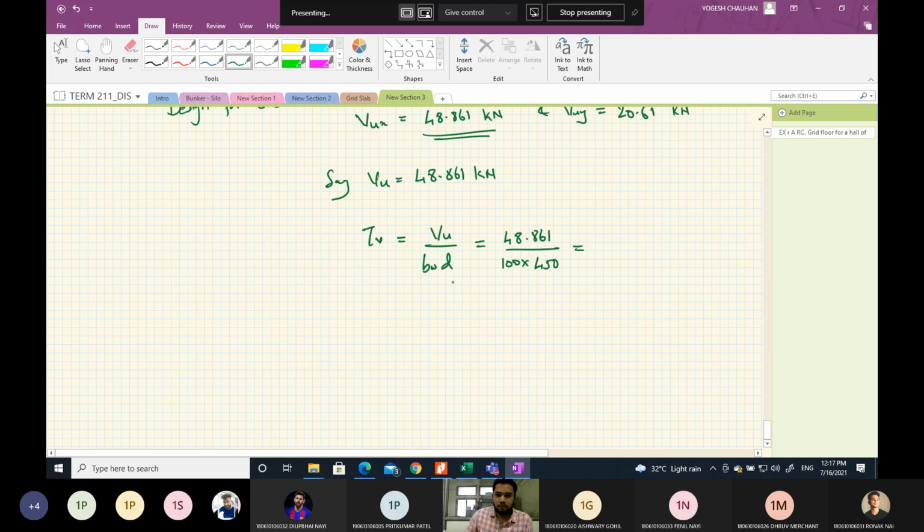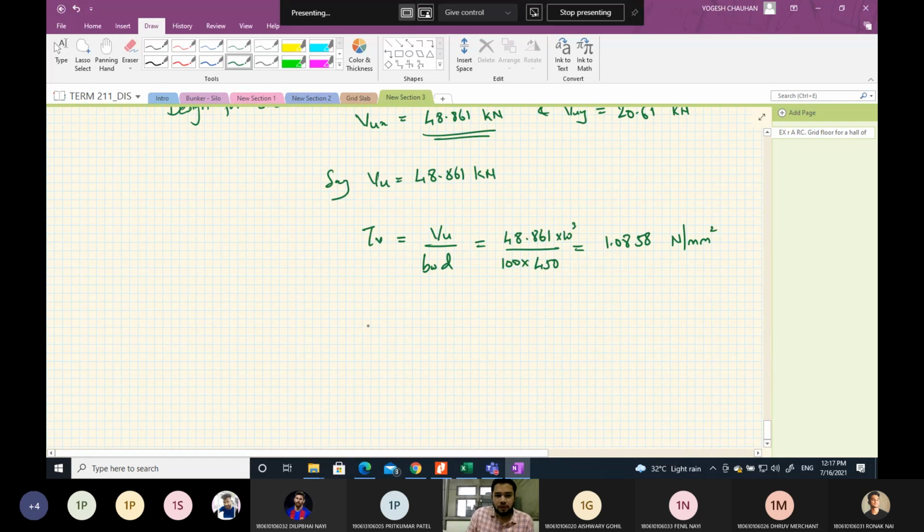So 48.861 into 10 to the power 3, to convert it into Newton, divided by 100 into 450, that is 1.0858 Newton per mm square.